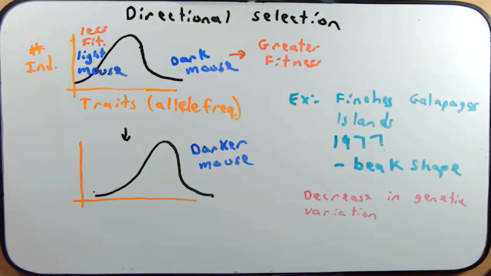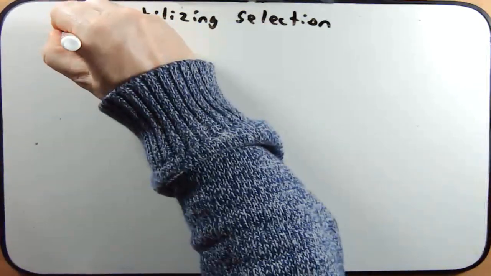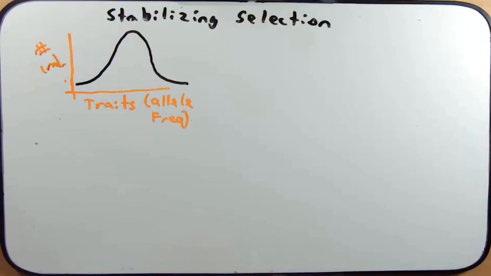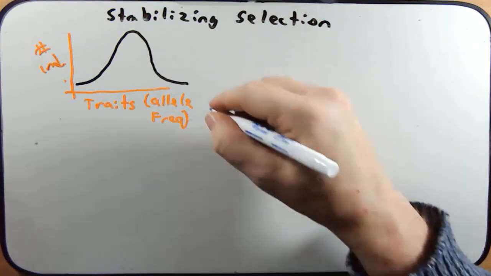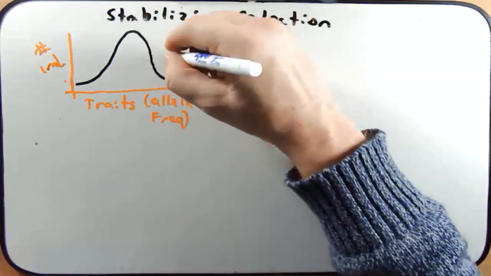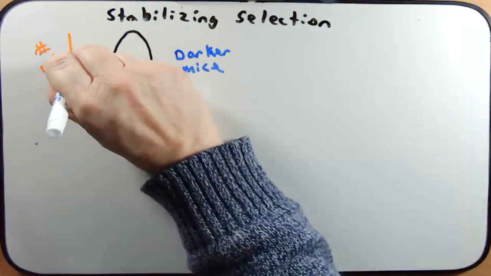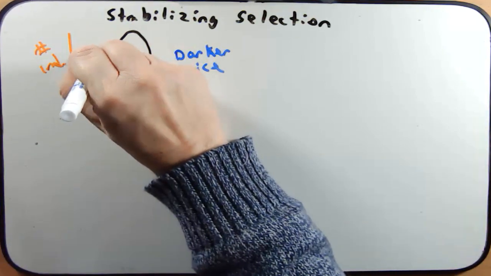All right, let's move on to stabilizing selection. So again, let's draw the graph that would look like before the selection was applied. I think it'd be okay if we start off by talking about the mice example that we had in the previous one. Remember, on this extreme we had darker colored mice, and over here we have lighter mice.